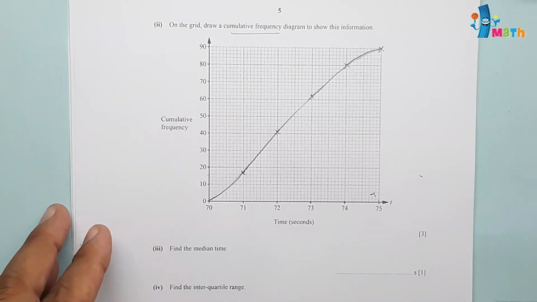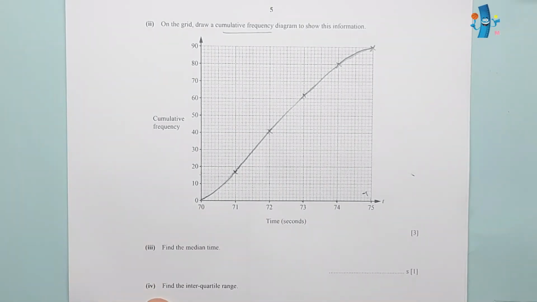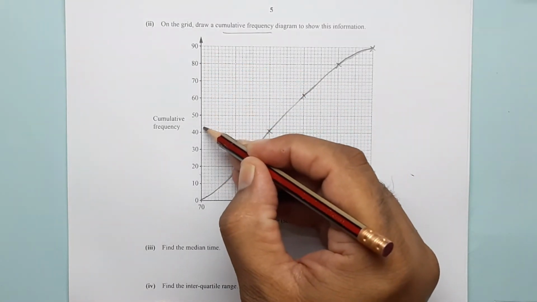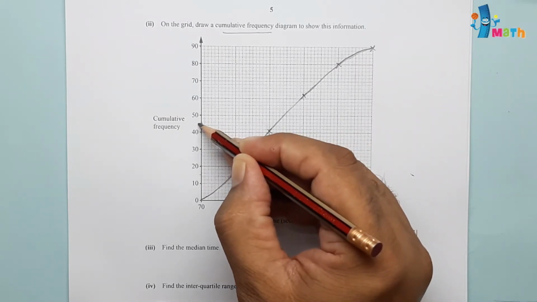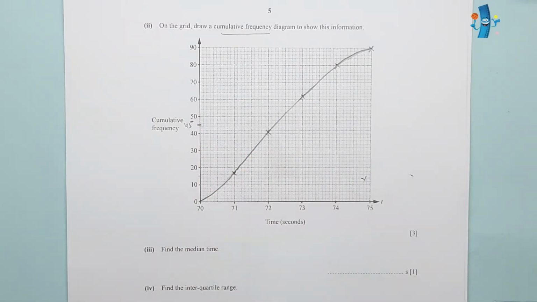After drawing the curve, they ask us to find the median. The median is the middle value. Half of 90 is 45, so we mark 45 on the axis and draw a line across with the help of the scale.